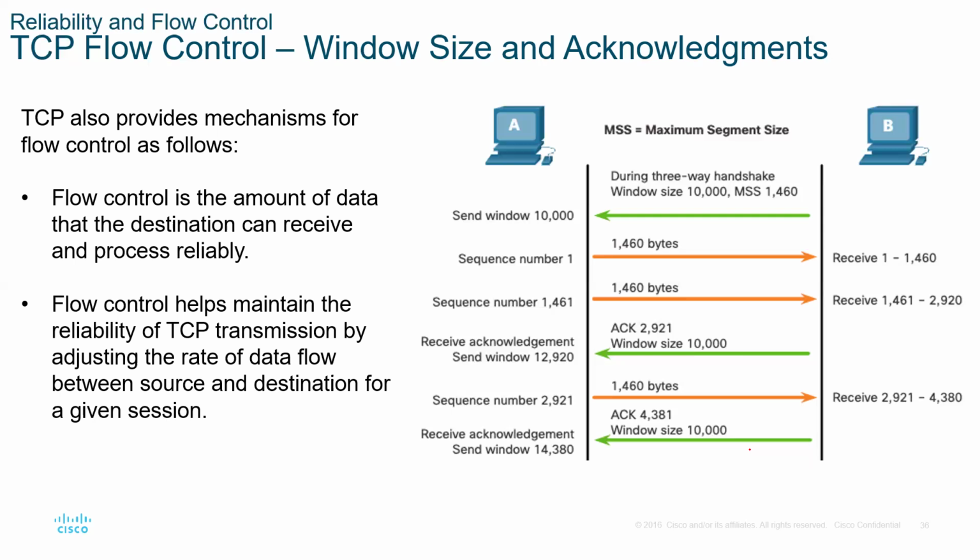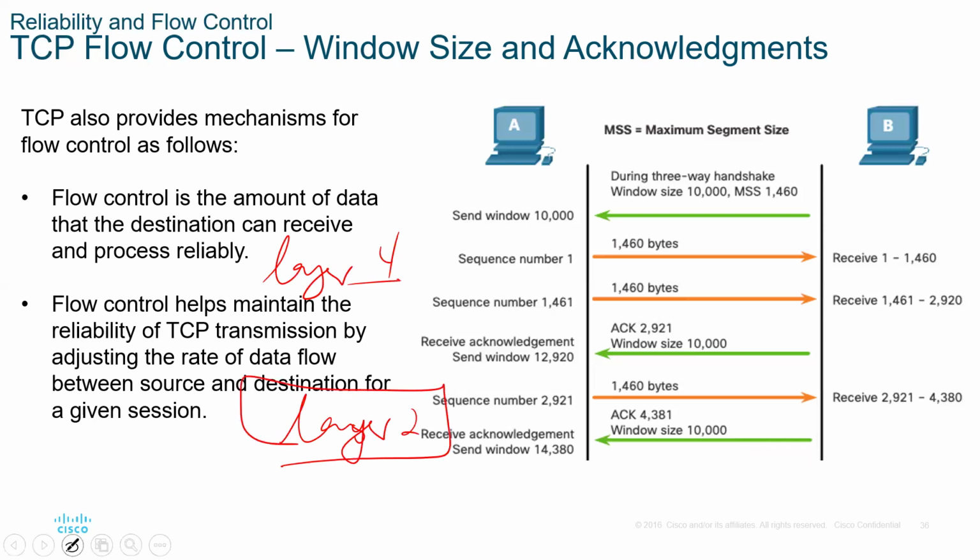Congestion. That is flow control at layer number 2. I think I gave a brief difference between flow control at layer 4 and flow control at layer 2. Two different things you need to know as well.